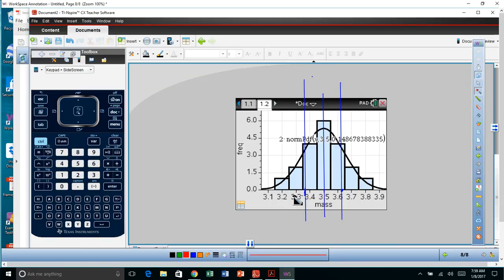So 3.22, it's going to be like maybe right in there, to 3.78, that's going to be like to maybe right in there. And I'm way off. There we go. That's pretty close.